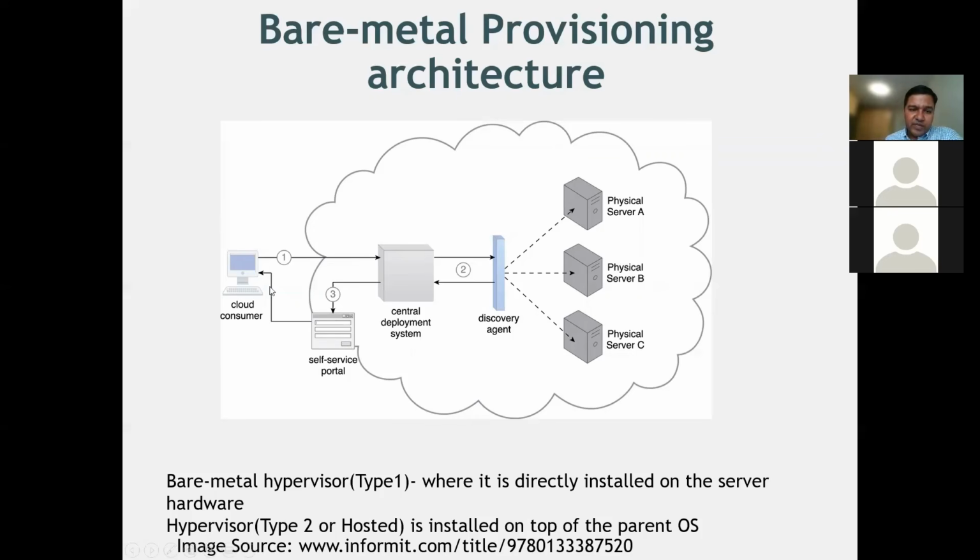In the bare metal provisioning architecture, they will have a deployment system and a discovery agent which is going to sense things, because if you install directly on the server hardware, it doesn't come with an operating system like Windows, Ubuntu or Linux, so a lot of capabilities are not there. And usually a bare metal hypervisor is used by a single tenant, not by multi-tenant.